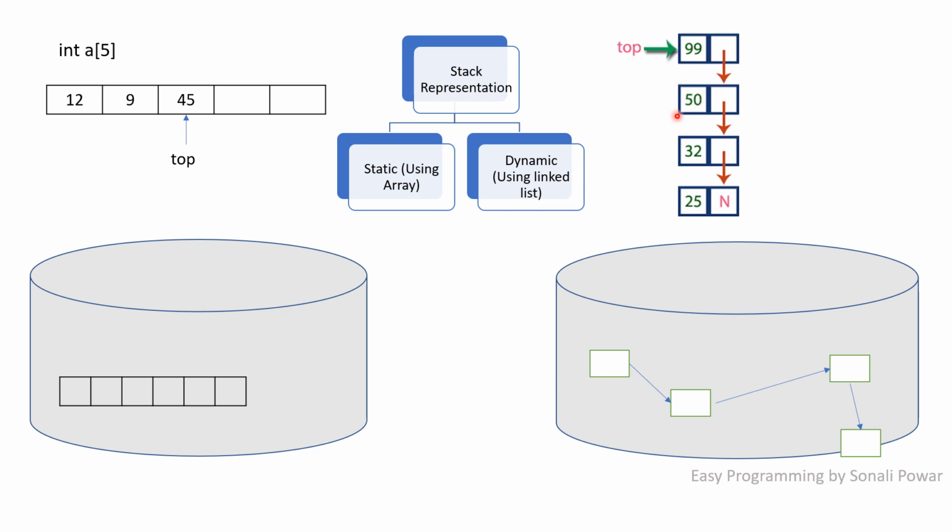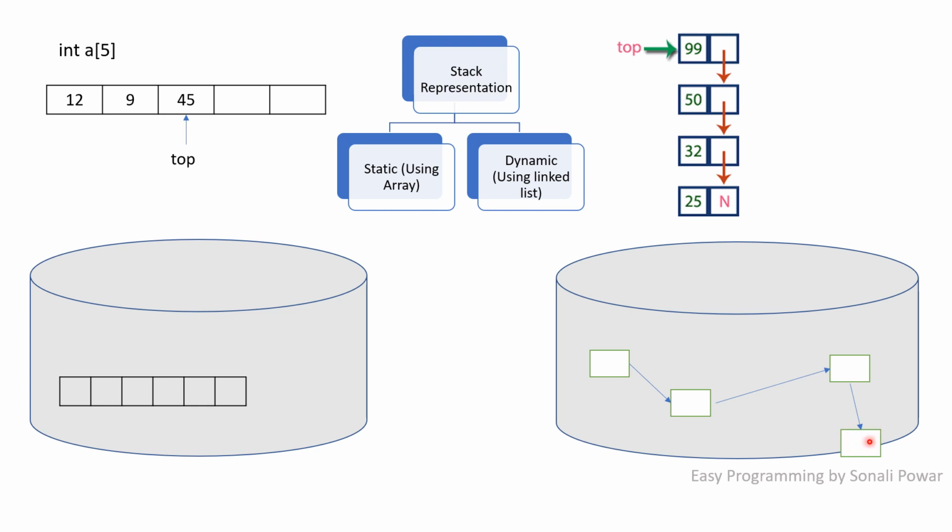And how can I get the address of this previous location? Through this pointer I will access the previous value, because in the dynamic representation the memory is not allocated continuously. So you must have a pointer to store the value of the previous element or next element. Suppose you inserted one element in your stack. This is the one element of your stack.